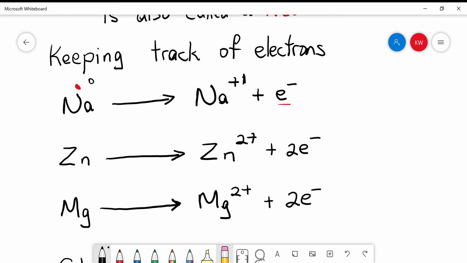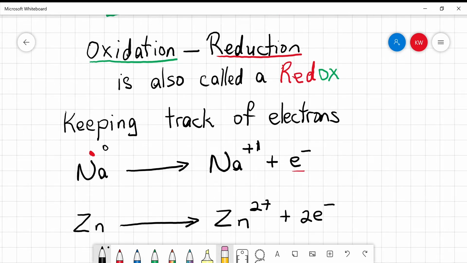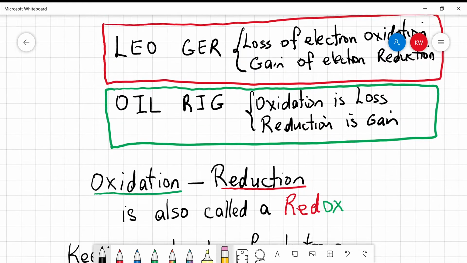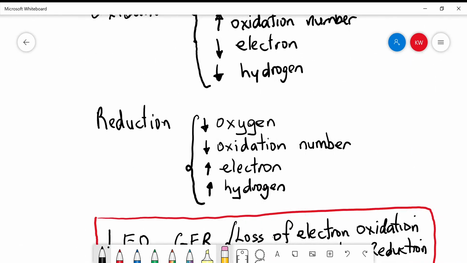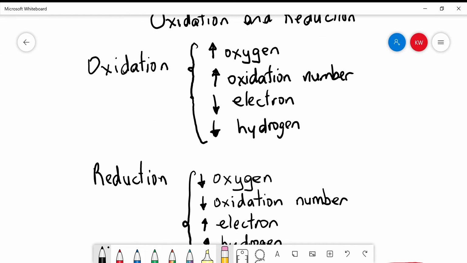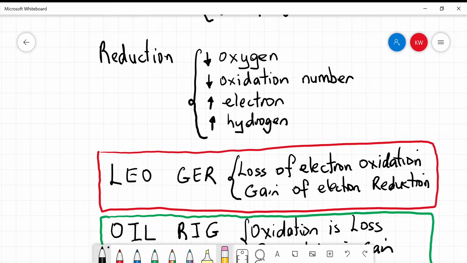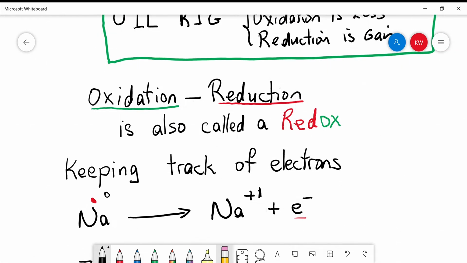We can think about it in two ways: there's an increase in oxidation number and there's a loss of electron. Let's go back to our definition. Oxidation: increase in oxidation number and the loss of electron. So that's an example of oxidation.